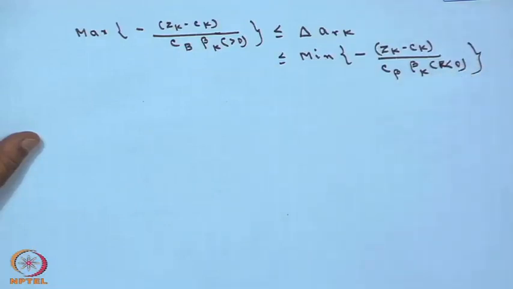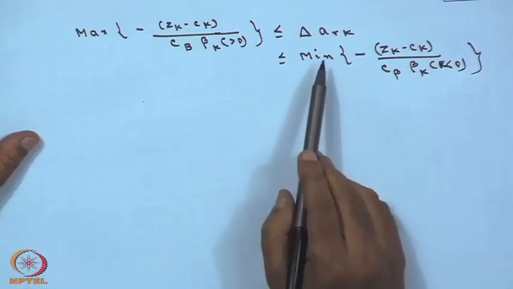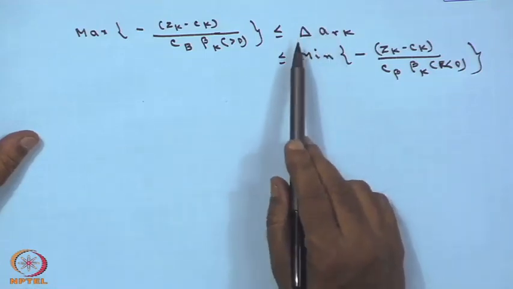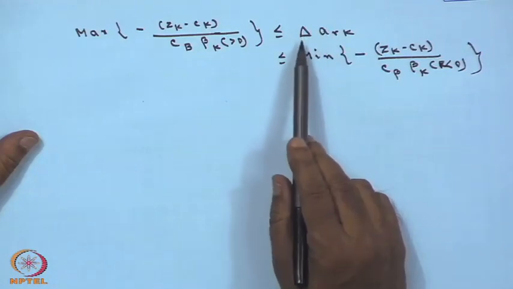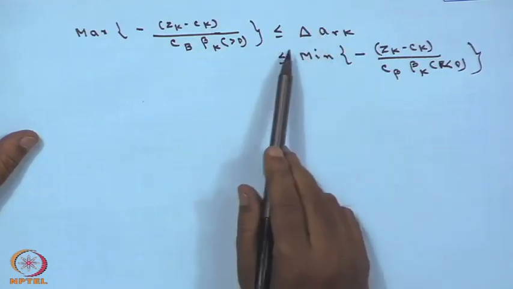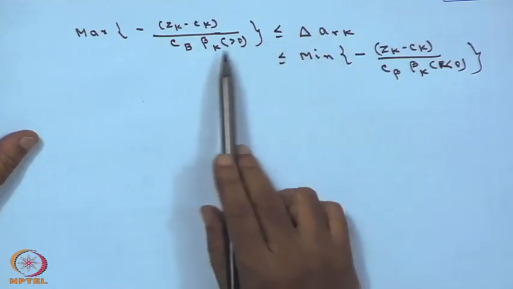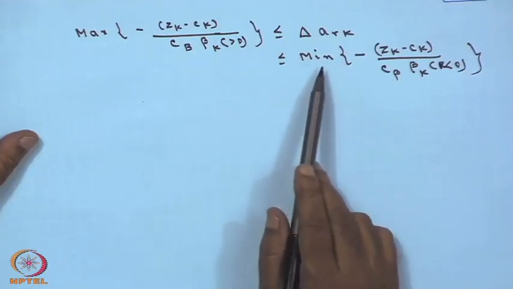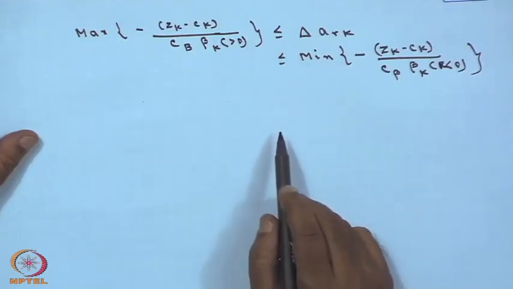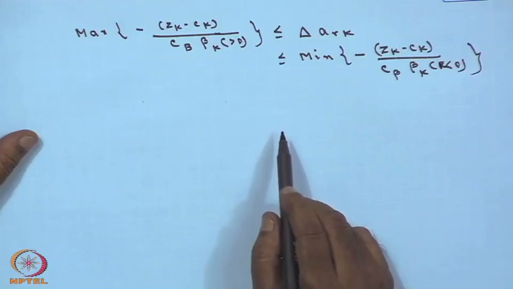So, the range is this one. Therefore, if the change in a_rk, which we denote as delta a_rk, lies in this range, then there will be no change in the optimal solution, and otherwise there will be a change in the optimal solution.